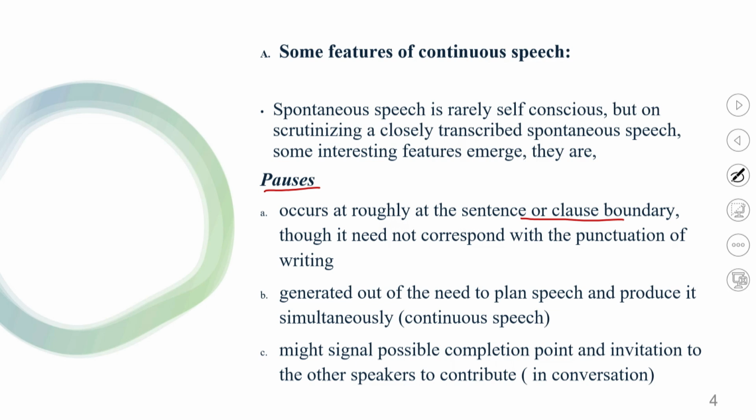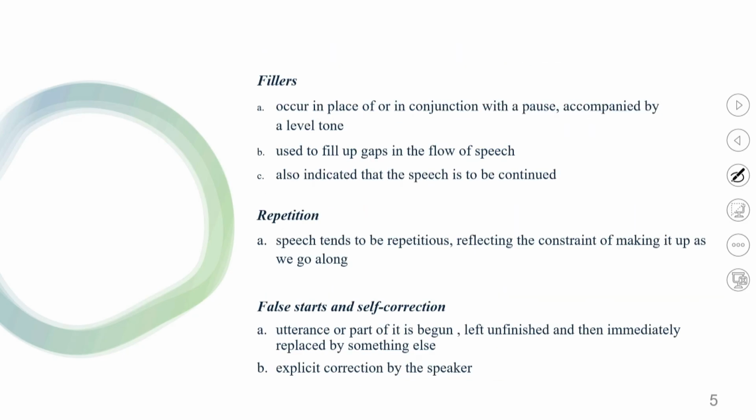In case of continuous speech, a pause might signal a possible completion point and an invitation to the other speaker to contribute, that is, for turn taking, we signal the other person to speak with a pause. Sometimes we use fillers. Fillers are interesting, they occur in place of a conjunction with a pause accompanied by a level tone, typically to fill up gaps in the flow of speech.